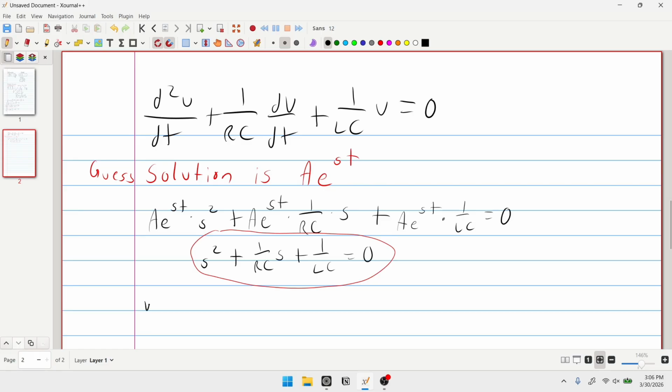So we'll see that v of t will equal a e^(s1 t), our first root or first solution from this quadratic, and b e^(s2 t), right?